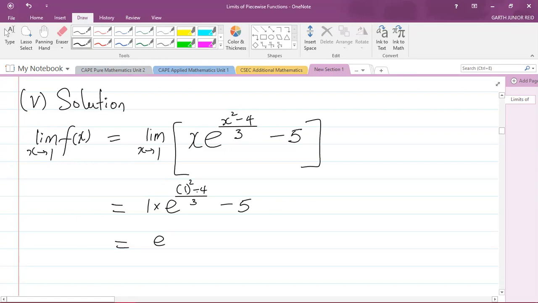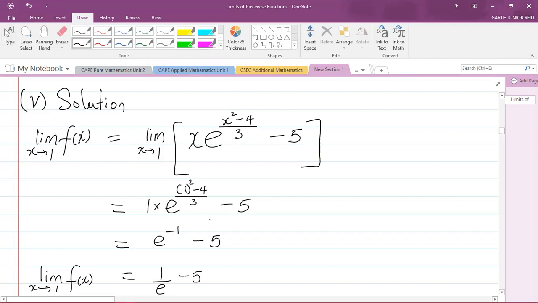And 1 minus 4 is negative 3. So what we really have is negative 3 being divided by 3, which is negative 1 as the power, minus 5, and e to the power of minus 1 can be written as 1 over e minus 5. And that's the limit of f of x as x approaches 1. That is my answer.